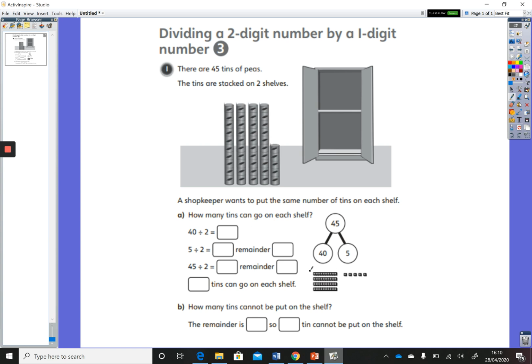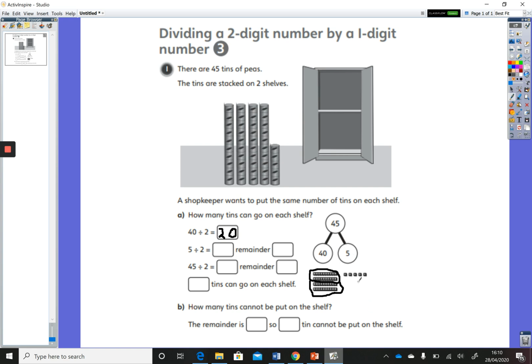And you can imagine just splitting these Dienes, and I'm going to try and do it really carefully, into 2 equal groups, and they would each get, I hope you're shouting out the answer for me, 40 divided by 2 would be 20. Well done.